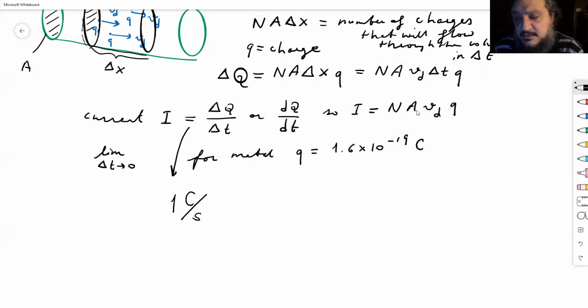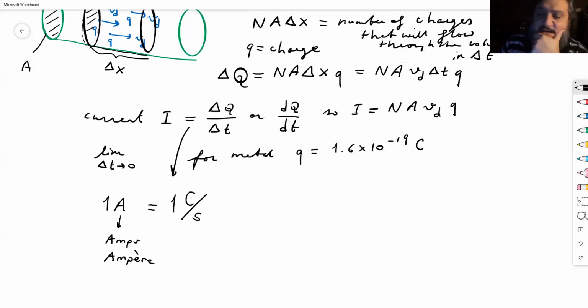Instead of saying 1 coulomb per second, you say 1 amp, A for ampere. Actually, the amp is the fundamental unit, and the coulomb, which is 1 amp second, is a derived unit, if you think the other way around. But basically, this is what we call current.